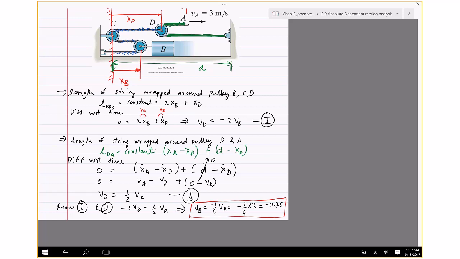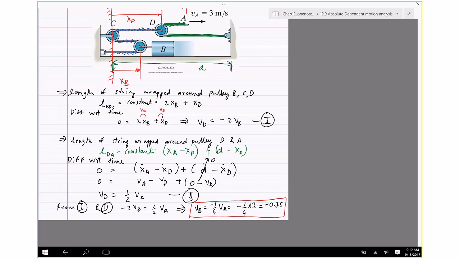Okay? That's intuitive from the figure. So as long as your datum is consistent, and your xA, xB point in the direction shown, the signs will tell you the direction. Okay, this is clear?